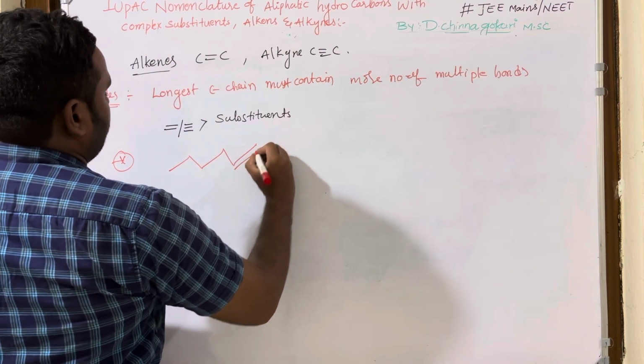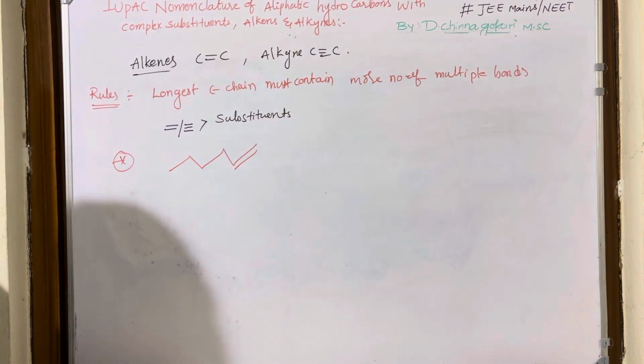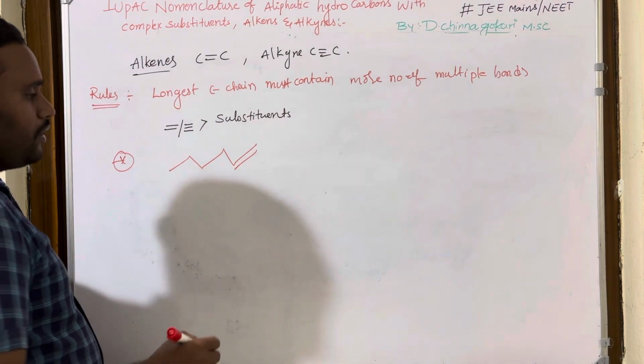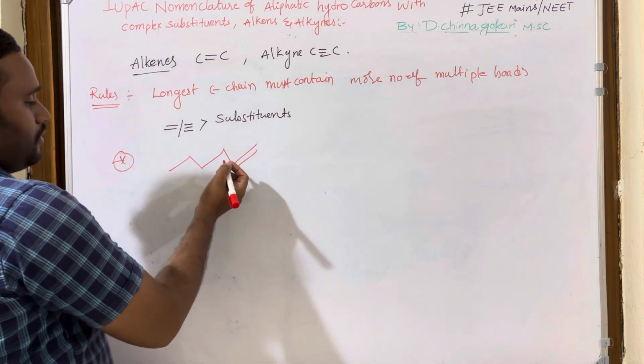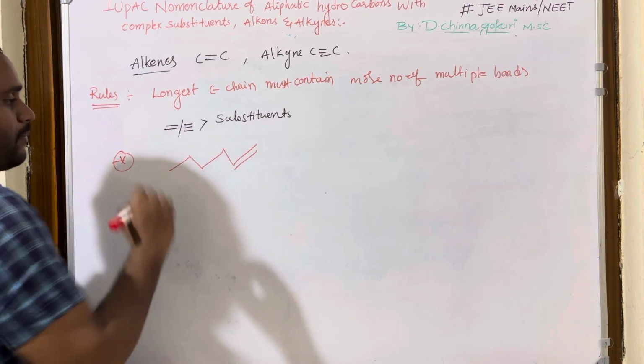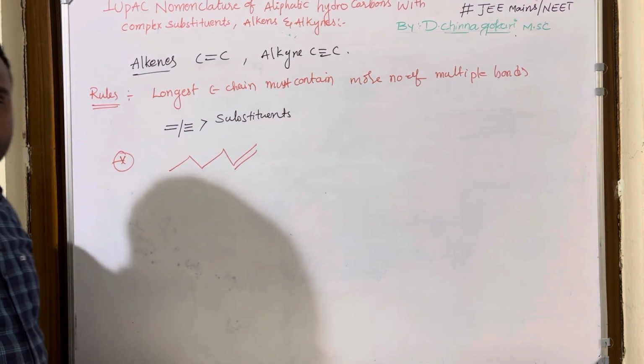So now what is the name of this compound? It is a simple compound with simple substituents, and only one double bond is there. From where do we need to give numbering?